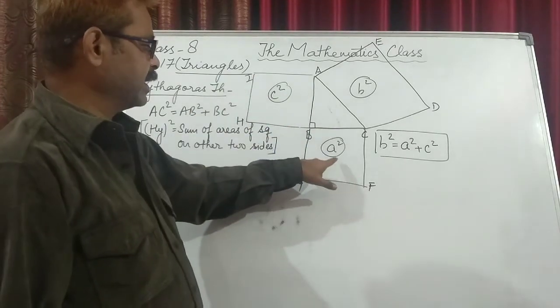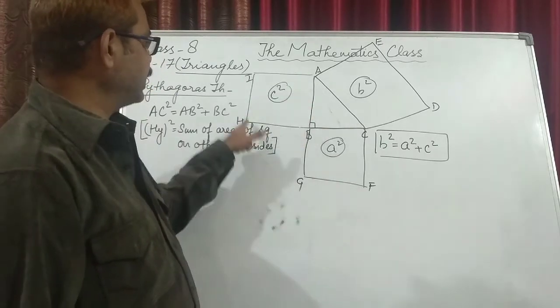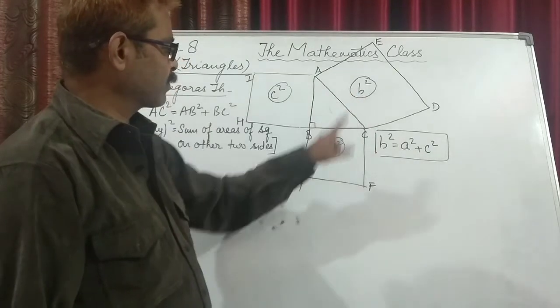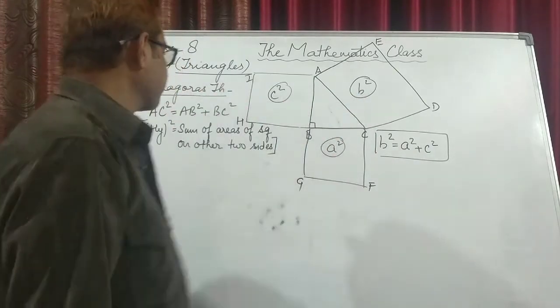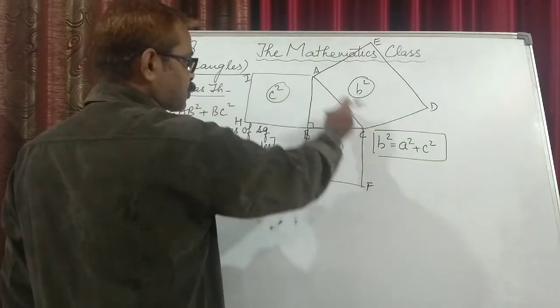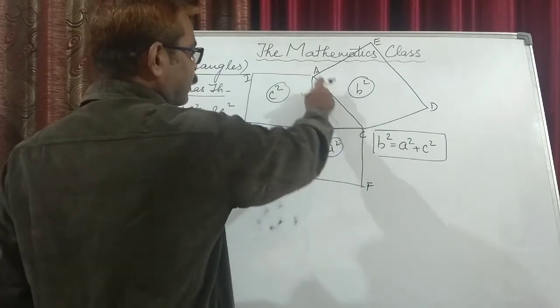I have considered the area of BCFG as a square and ABHI as c square. So according to the Pythagoras theorem, b square will be equal to a square plus c square. That is why here it is written AC square. AC is the hypotenuse. Whatever you draw, if you draw a square on the hypotenuse, that will be AC square.